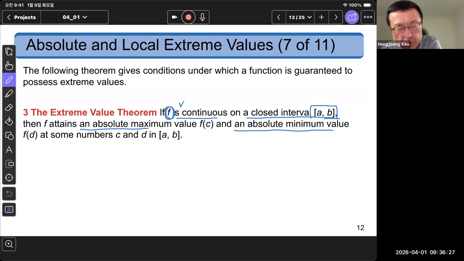So we have two conditions: your function is continuous, and the interval I'm considering includes both endpoints, so that it is a closed interval. Under these two requirements, your function always has an absolute maximum and absolute minimum.